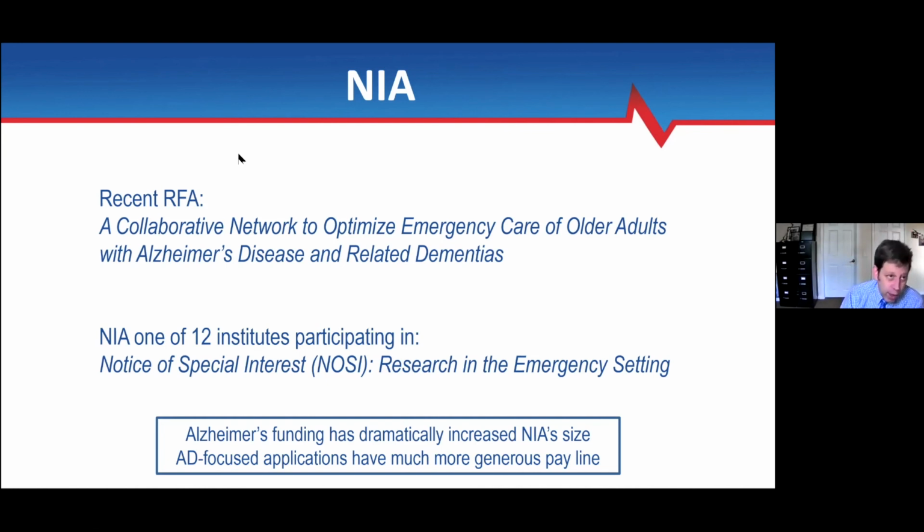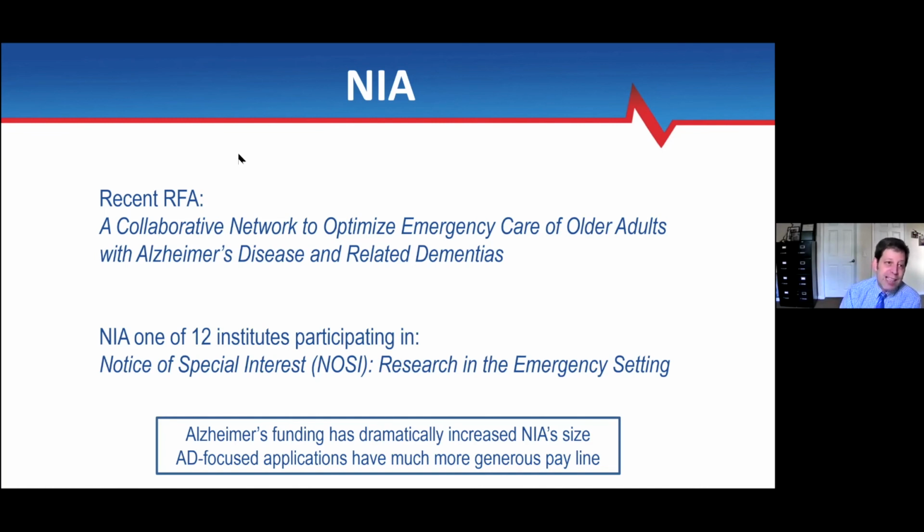And so if your work is at all related to Alzheimer's disease, or maybe related to Alzheimer's disease and emergency department care of Alzheimer's disease, I would encourage you to think about that strongly in your application.